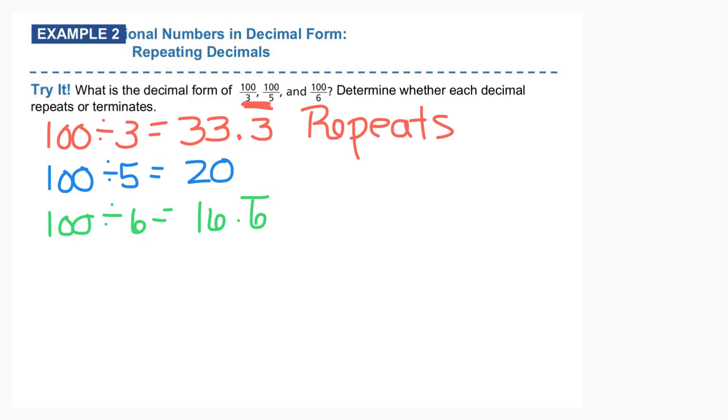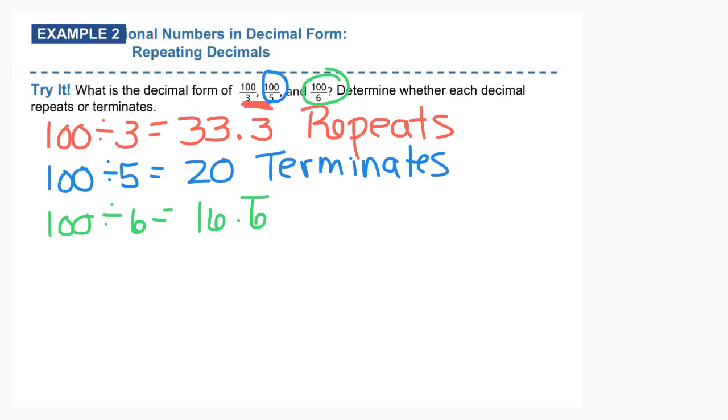All right, our second one, I took 100 divided by 5 and I got 20. There's an end to that. That's it, just 20. And so that one terminates. And our last one, I took 100 divided by 6 and it came up to be 16.66666 to the end of your calculator.